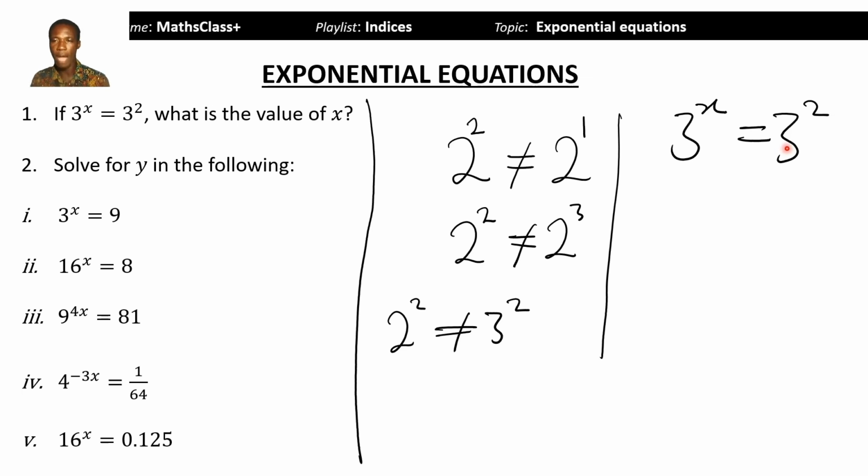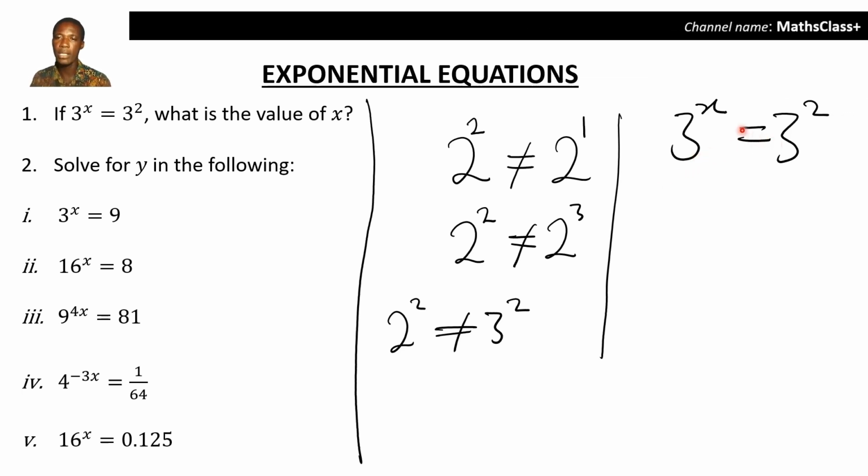And then we have the exponent of this one to be 2. Because the bases are the same, if the exponent of this other one is not 2, then we cannot say they are equal. And so if the bases are the same and then the exponents are also the same, then the expression given is true. That is why I did these illustrations here.